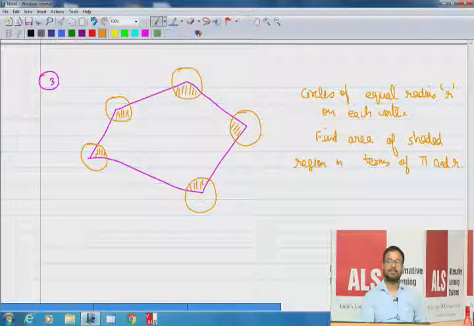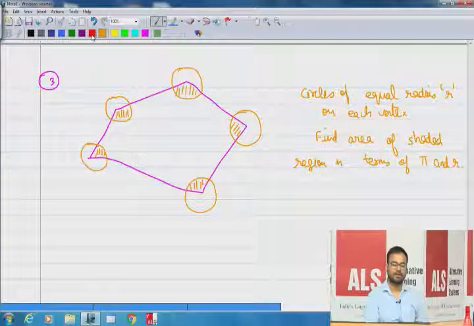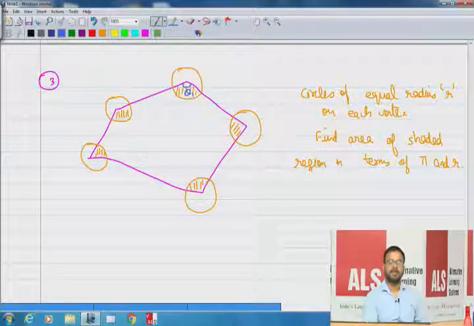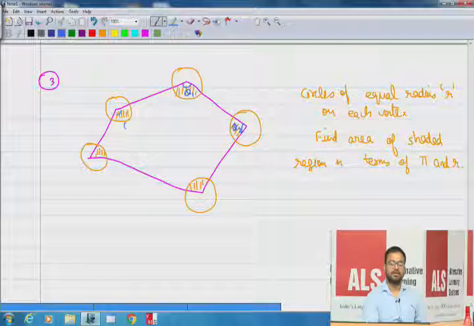See, for this question, the concept which we will use is this. The angles made at these points are the small sectors. The angle made at this sector is theta 1, at this sector is theta 2, here theta 3, theta 4 and theta 5.